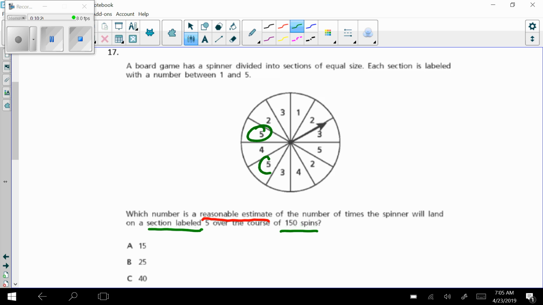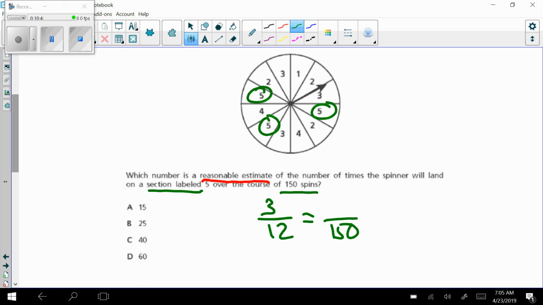We got one here, we got one there, we got one there. 3 out of a total of 12. Okay? And we set a proportion because whenever we're estimating using a probability or even statistics, set up a proportion for 150 spins. And as I said, your answer is not going to be exact, so you're going to have to figure out what is the closest answer.